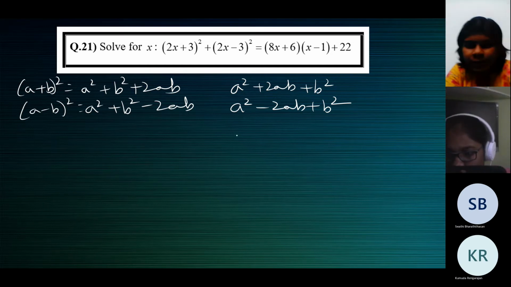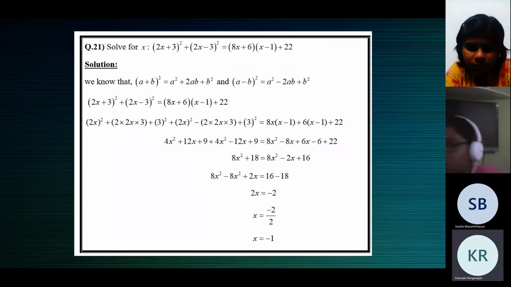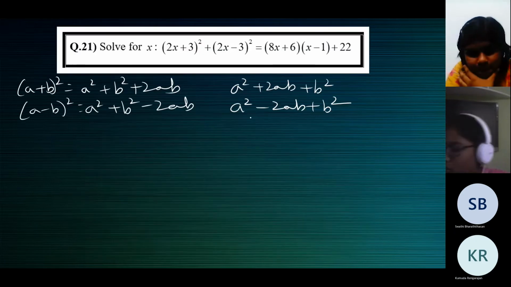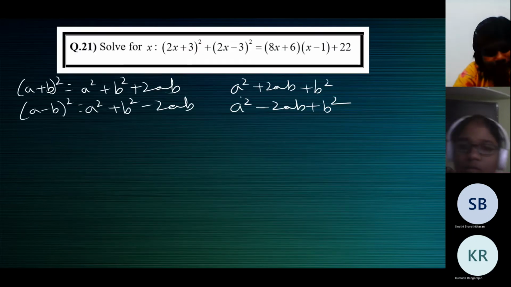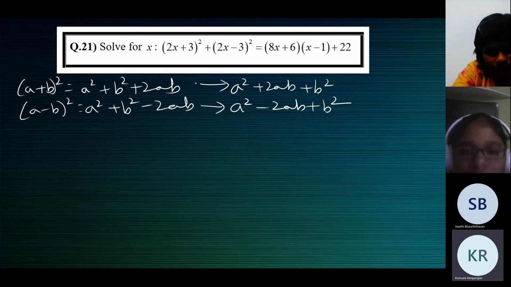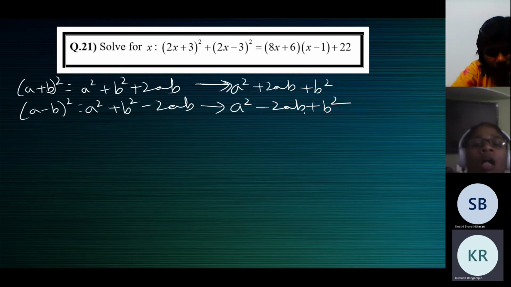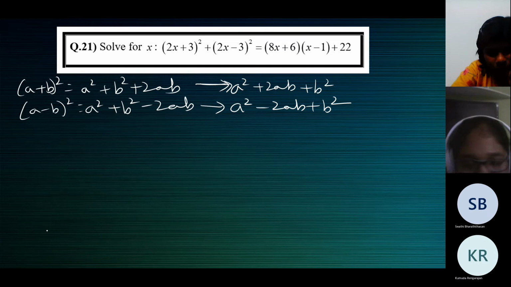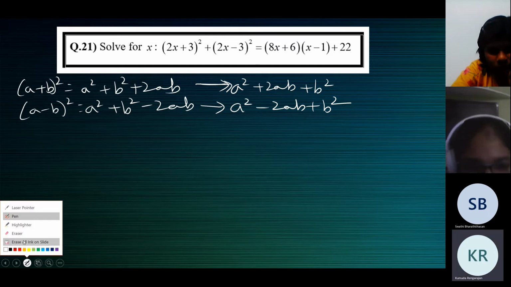I've written the identities. You can write it like this or like this. Both are the same: a square plus 2ab plus b square, a square minus 2ab plus b square. I think you would have memorized the identities now.